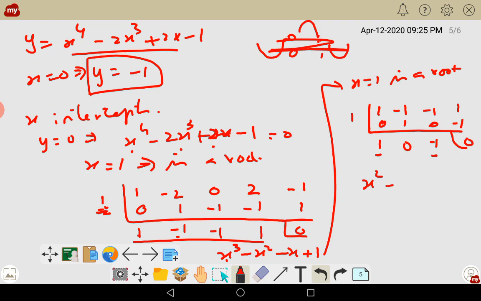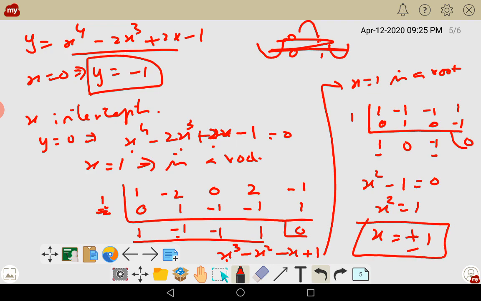x square minus 1 is 0, x square is 1, x is plus or minus 1. So here x equal to 1 is a root of order 3. It is a multiplicity 3.